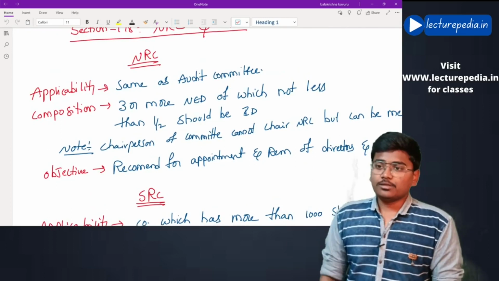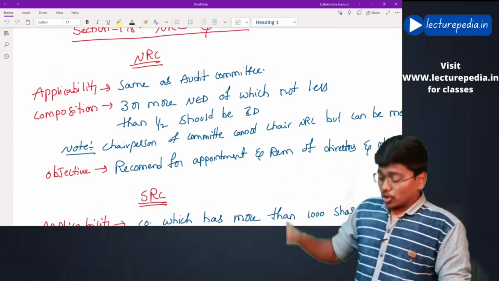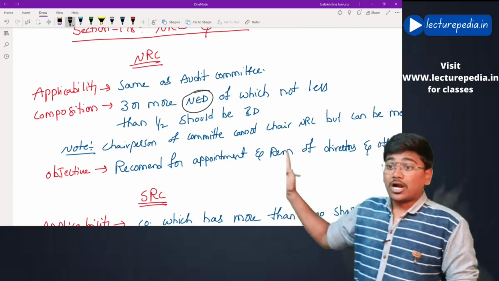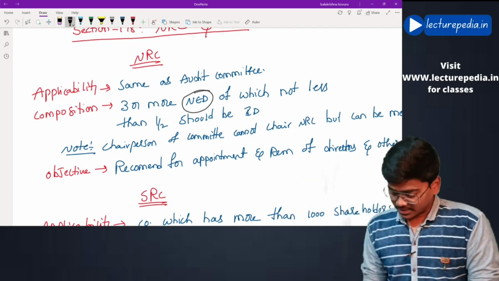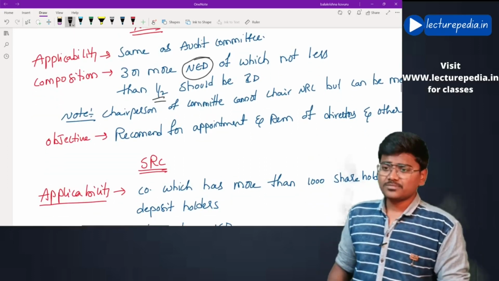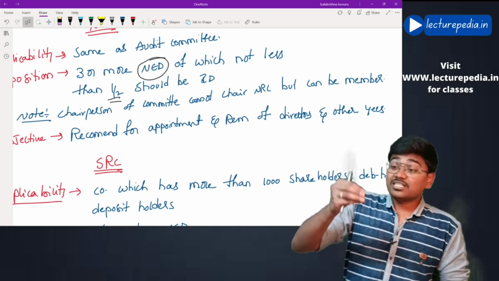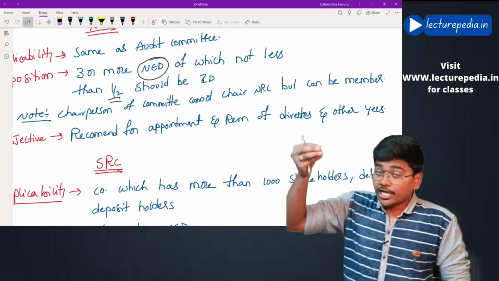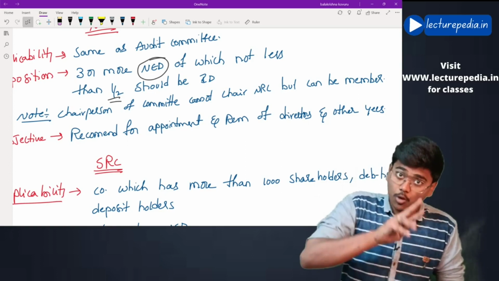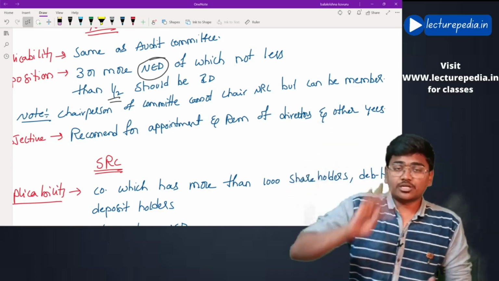Composition: it must contain 3 or more non-executive directors, of which not less than half should be independent directors. The chairperson of the company cannot be appointed as chairperson of this committee. However, such chairperson can be appointed as a member of this committee.